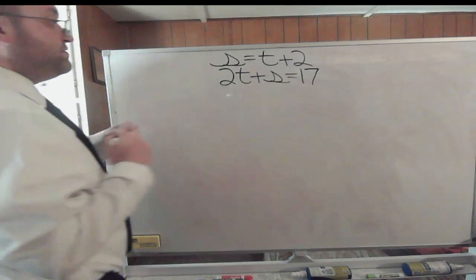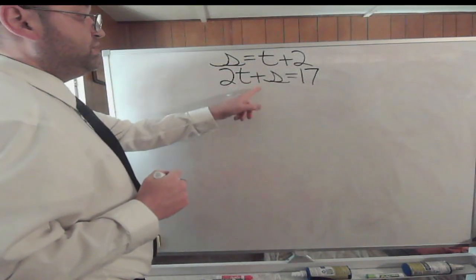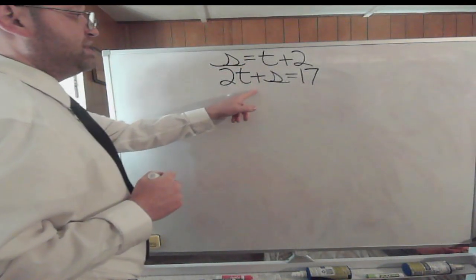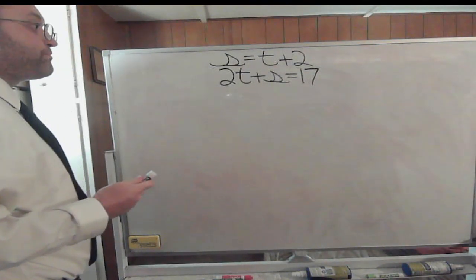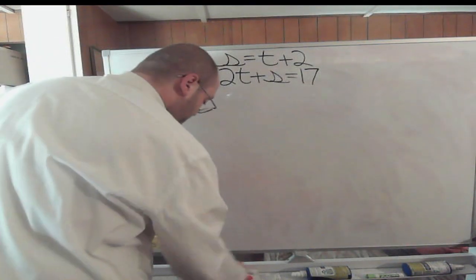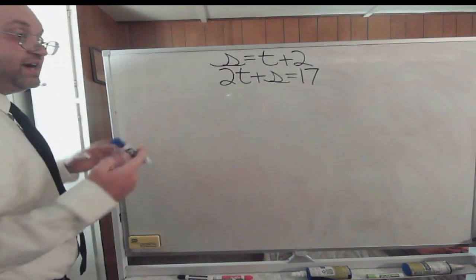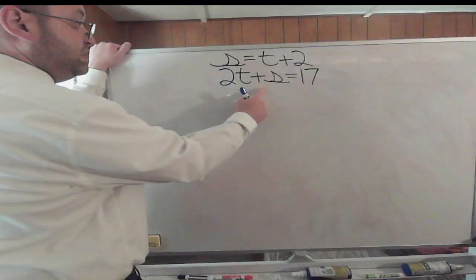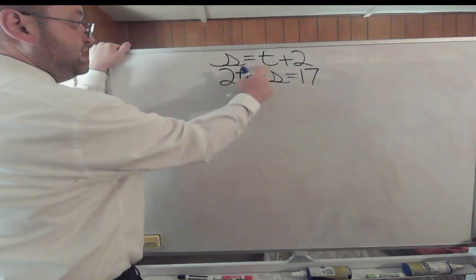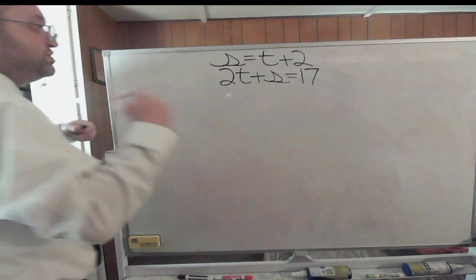Alright, so we have s equals t plus 2, then 2t plus s equals 17. So we can still do a substitution here. It's just not as clean as it was before. In the second equation, we can take that t plus 2 for s and substitute that in.